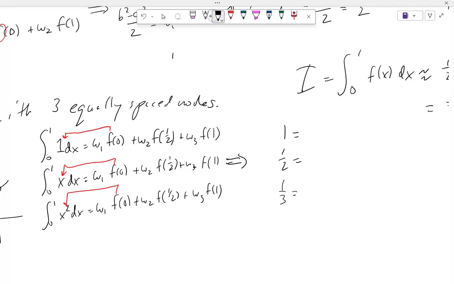So, using that, what do you get for the right-hand side of the first equation? Good. Because it's the constant function 1, so no matter what we plug in, we're always going to get 1 out. So it's W1 plus W2 plus W3.